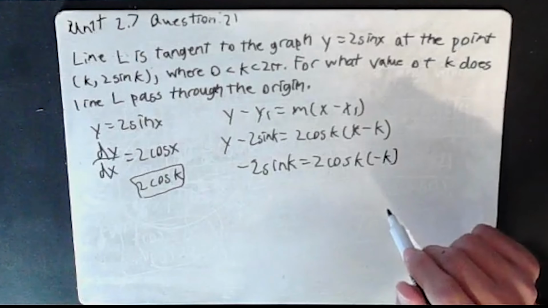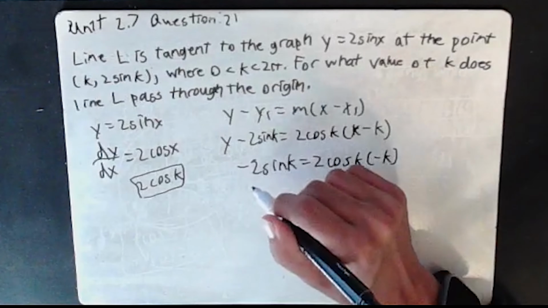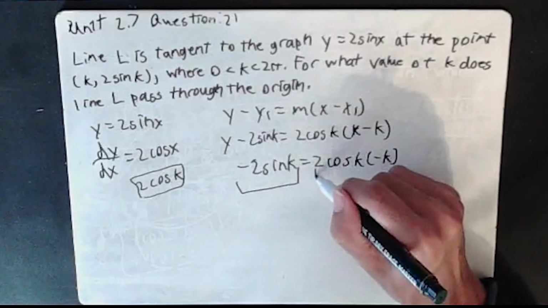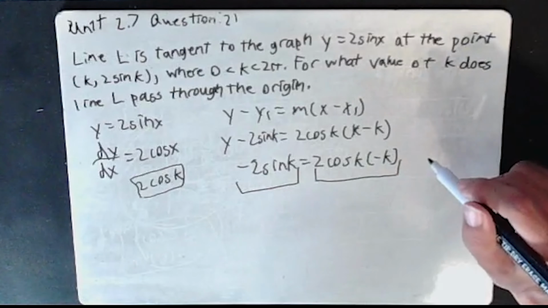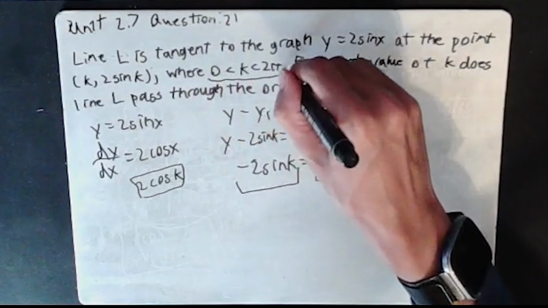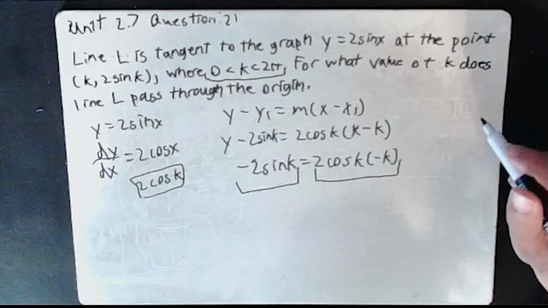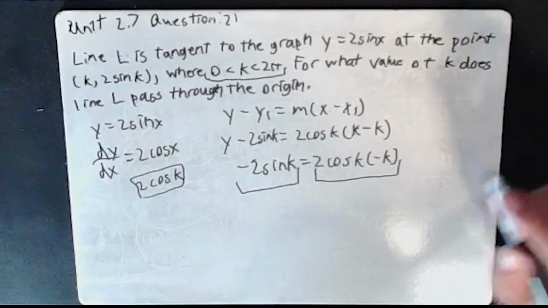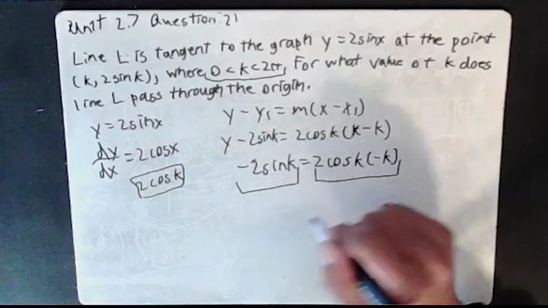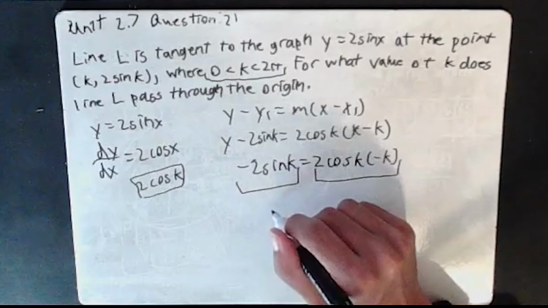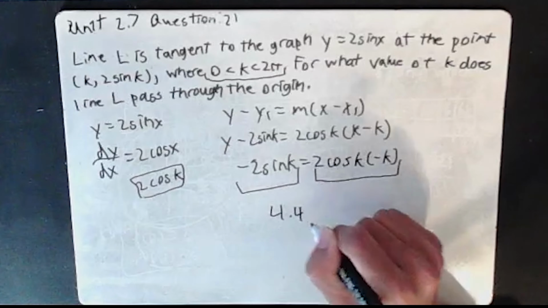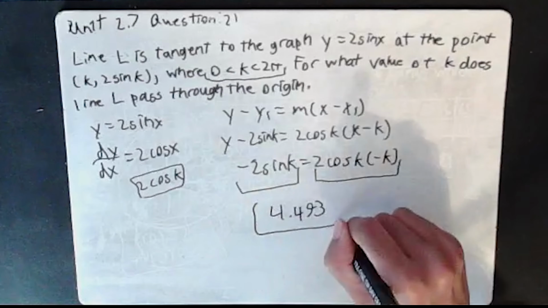We're going to have to use a calculator. So we basically graph this function and then graph this function and see where they intersect in this area, where 0 is less than k, which is less than 2 pi. We get a final answer by checking the x value of where they intersect. We get a final answer of 4.493, which is our final answer.